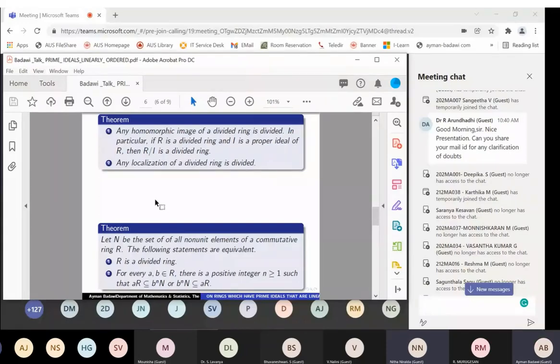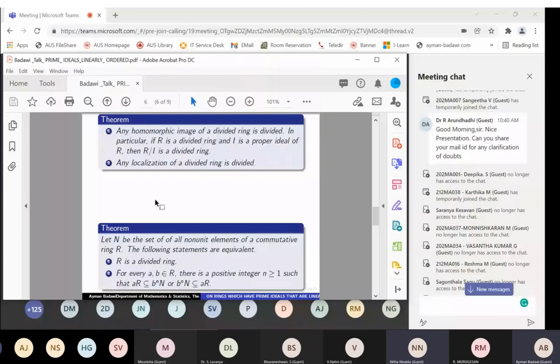The answer is it's divided. Any homomorphic image of a divided ring is divided. In particular, if R is a divided ring and I is a proper ideal, then R mod I is a divided ring.